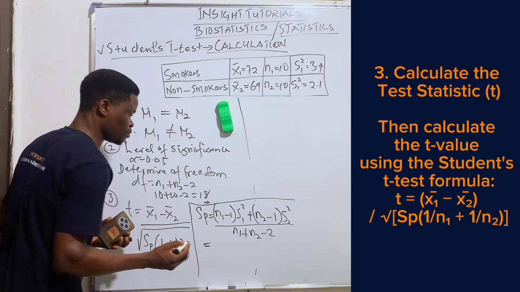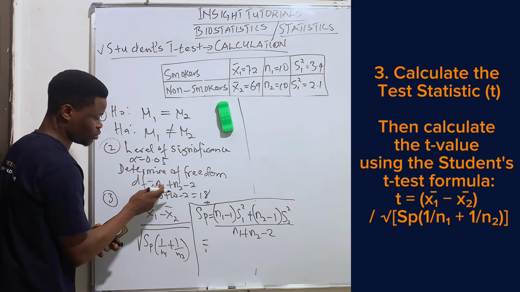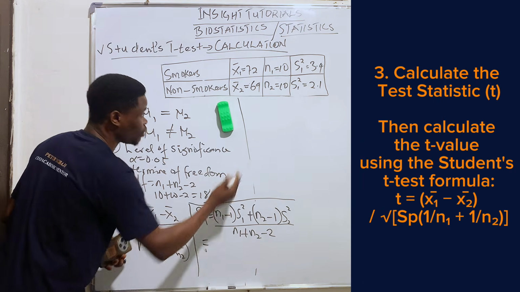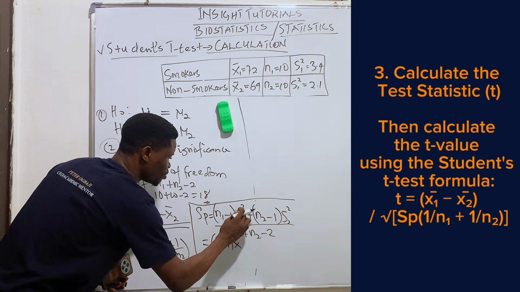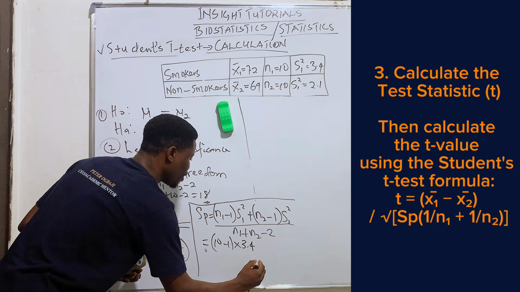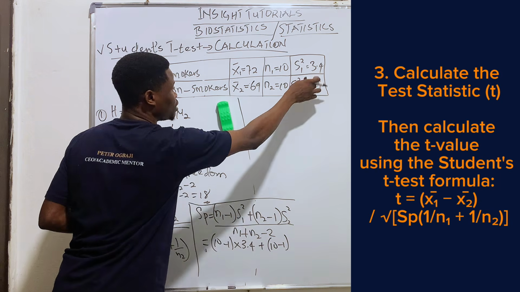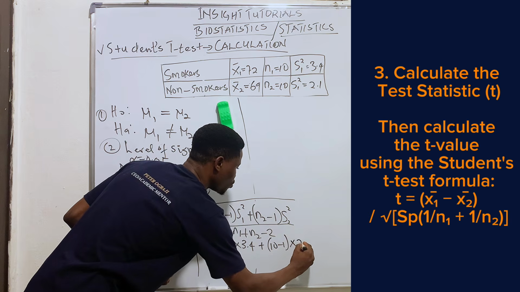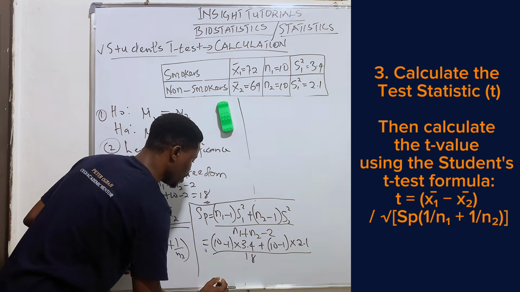So the pooled variance is equal to, now we already found the degree of freedom here. You know it is 18. n1 plus n2 minus 2 is 18. So we can simply replace it with 18. Our n1 is 10, so we're going to say 10 minus 1 times the variance of x1, which is 3.4, plus n2 is also 10 minus 1, and the variance of the second group is 2.1, all over 18.